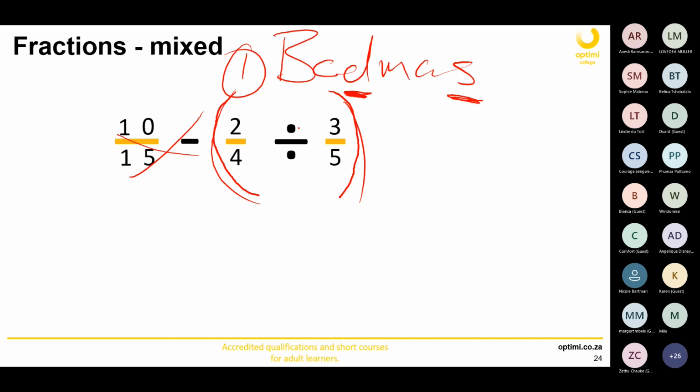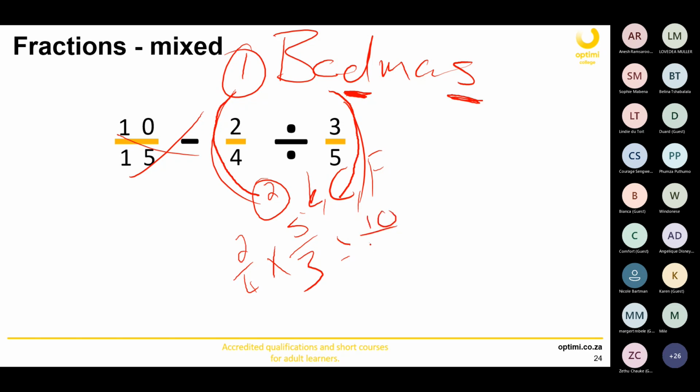And when I'm focusing on 2/4 divided by 3/5, now comes my second step. Keep it, change it, flip it. So it becomes 2/4 multiplied by 5/3. And that gives me 2 times 5 is 10, over 3 times 4 is 12.